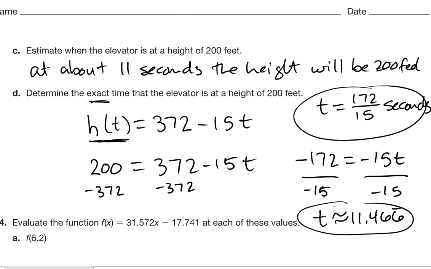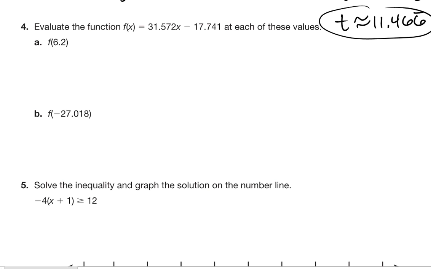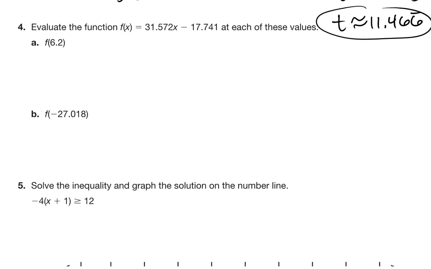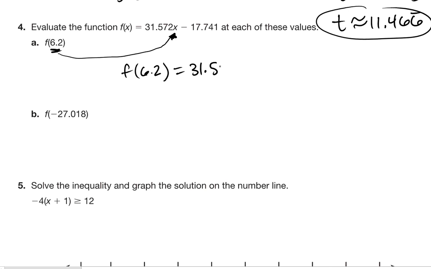All right, next question. Evaluate this function for a couple different values of x. So in each case here, we're going to be taking this value, and this is going to be fed into my function, and this function is going to produce a value and spit it out. So f of 6.2 equals 31.572 times my x value, 6.2, minus 17.741.